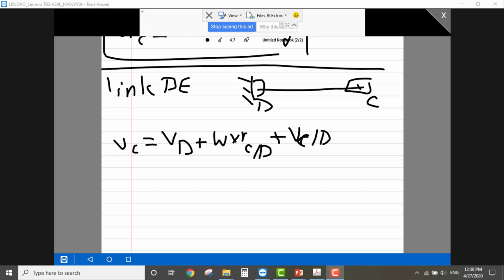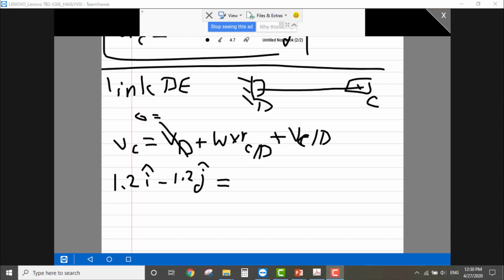Now VC, we could find it in the previous solution, which is 1.2 in the positive I direction, minus 1.2 in the negative J direction. And this is equal to VD, which is fixed, so it is 0, plus omega.